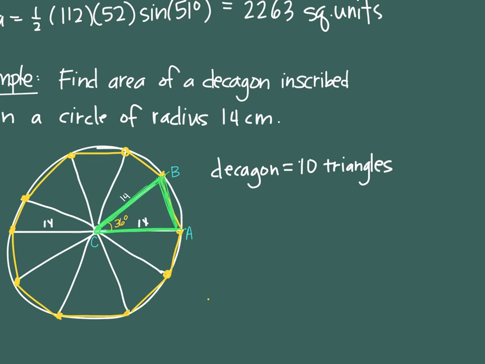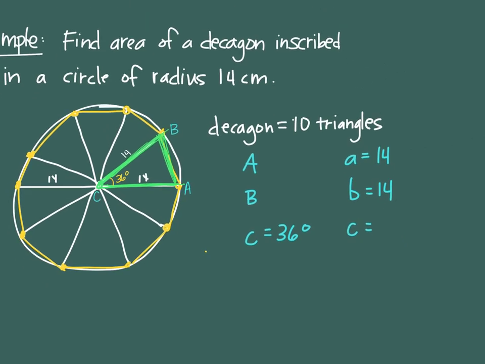So in this triangle now that I've set up, I can set up my A, B, C. C I knew to be 36 degrees. And then little a, little b, little c, I know that little a and little b are both 14. And that's set up now perfectly for me to do area, because area doesn't need a pair. Area needs one of each, or like one of everything. It's got one A, one B, and one capital C, and that's perfect for area.